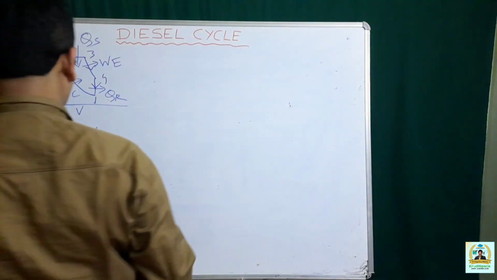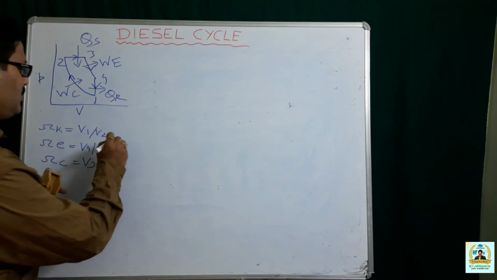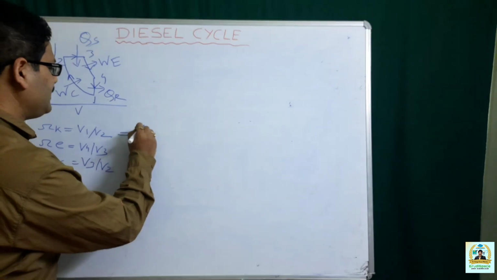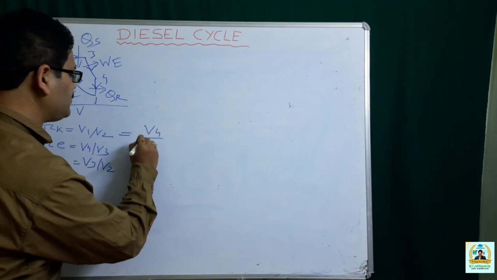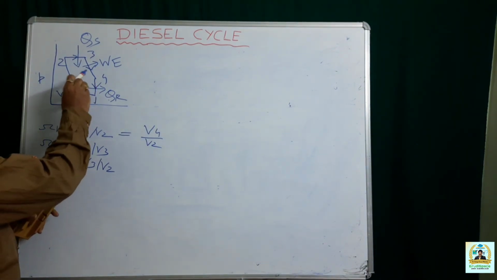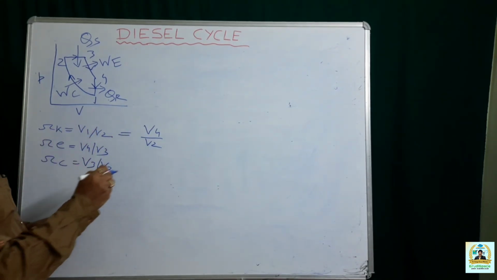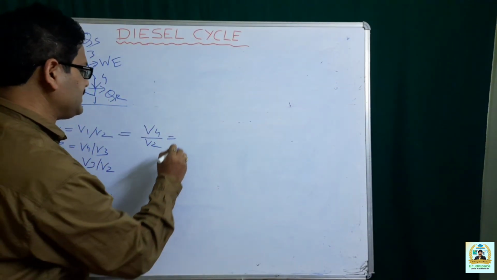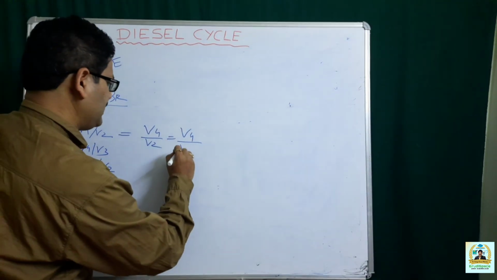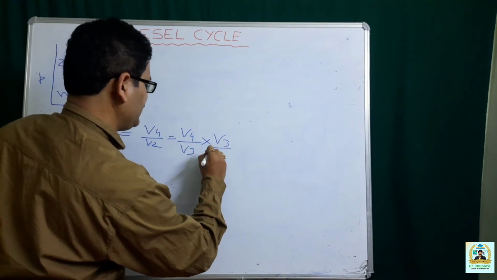So what is that relationship? You know that RK is V1 by V2. You can represent V1 by V2 by V4 by V2, because if you carefully look at the figure, V1 and V4 have the same value. So V4 is substituting V1, and you can represent this as V4 by V3 into V3 by V2.